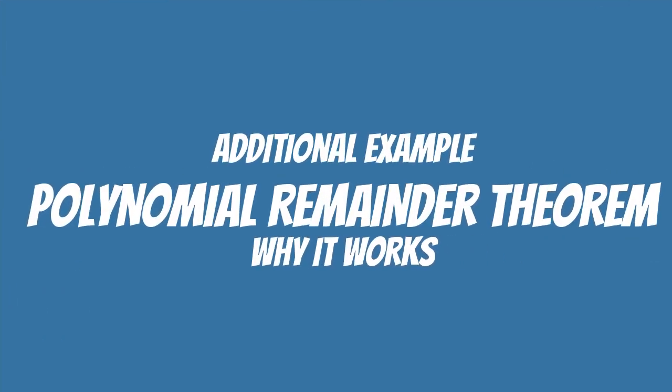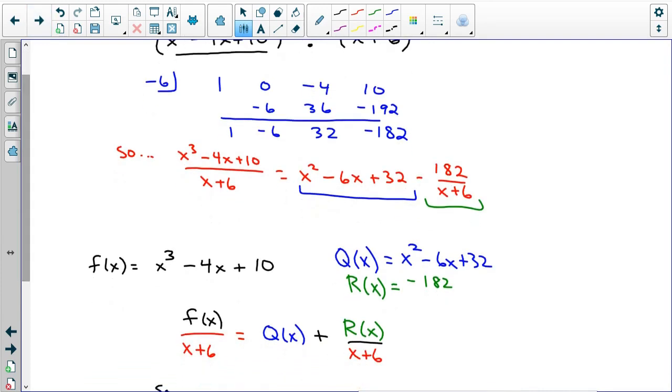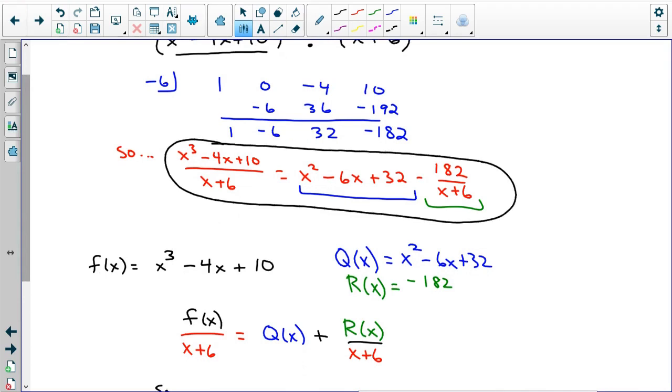Here's an example of this that I've already worked out to try and keep the video short. If I have some sort of polynomial function, x cubed minus 4x plus 10, and I divide that by, for example, x plus 6, I end up getting x squared minus 6x plus 32 minus 182 over x plus 6. That part's the remainder.